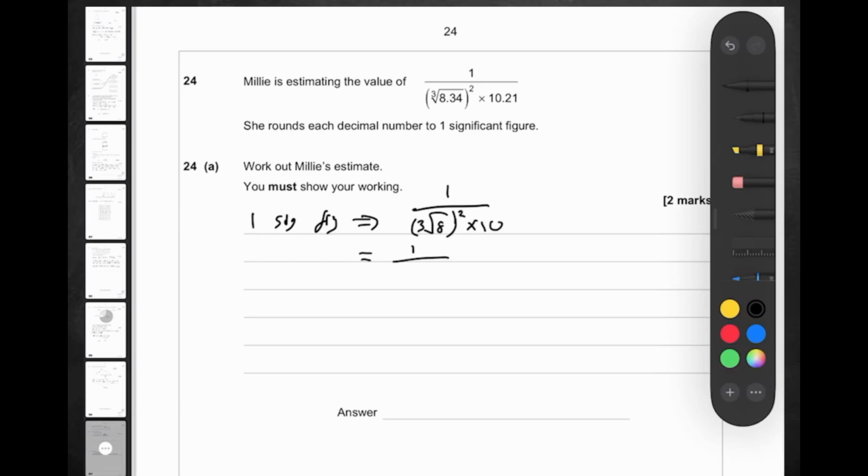Which is 1 over, and the cube root of 8 is just 2, because 2 cubed is 8. So 2 squared times 10, 1 over 4 times 10, 1 over 40. And that's our answer.